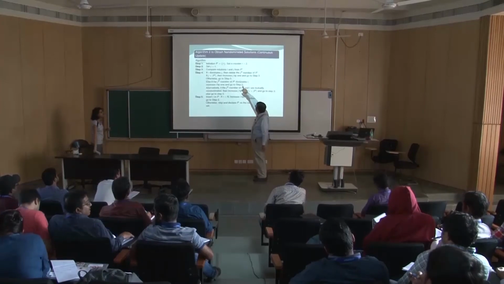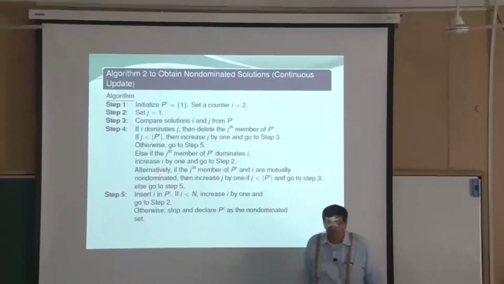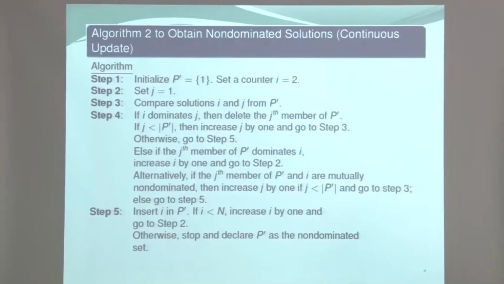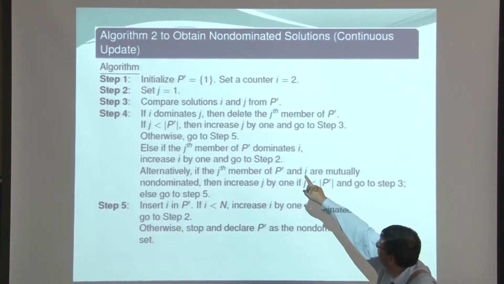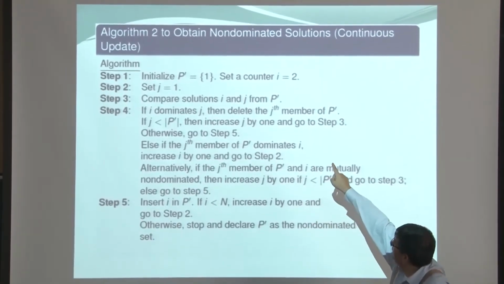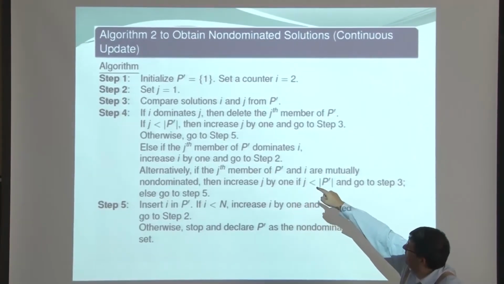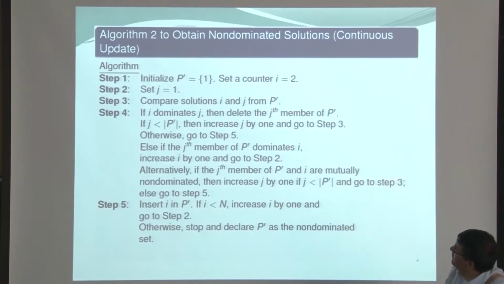P prime equals first solution, count I equals 2, J equals 1. Okay? So we are going to compare, it says compare solutions I and J from P prime. So if I dominates J, then we need to delete the J member of P prime.